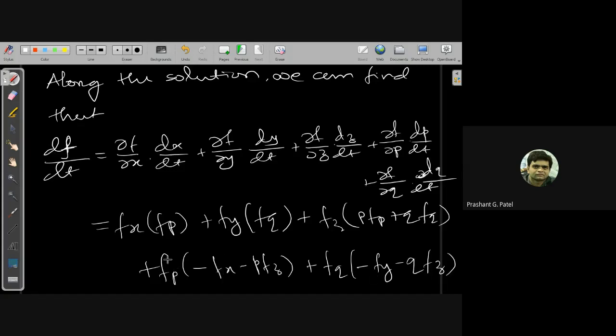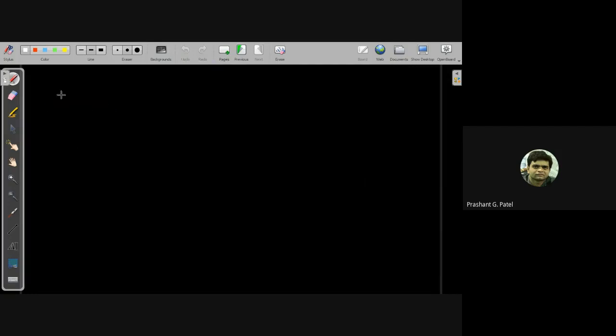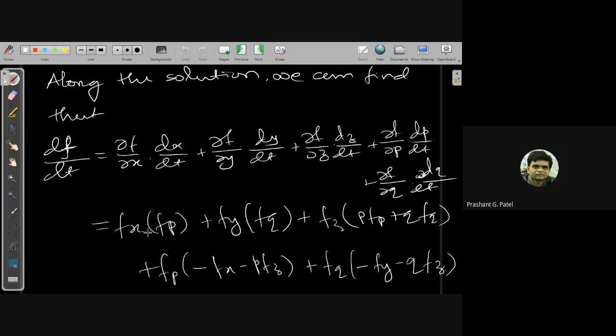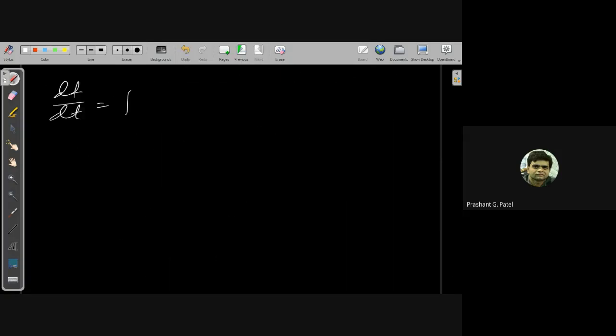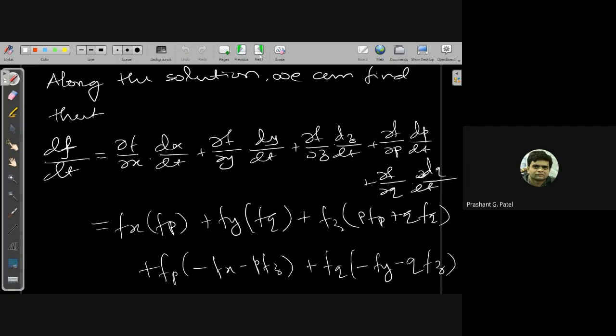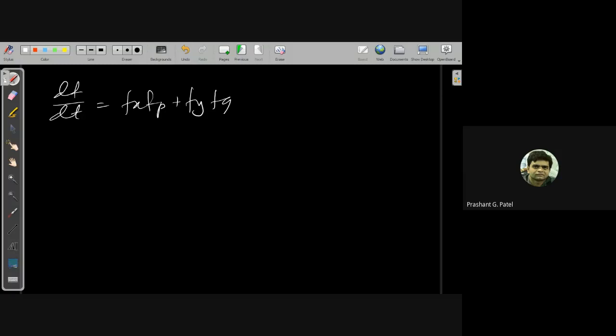And just observe that every term here is cancelling out. Let us see that. So we'll get df by dt is equal to fx fp plus fy fq plus p into fz fp plus q into fz fq.